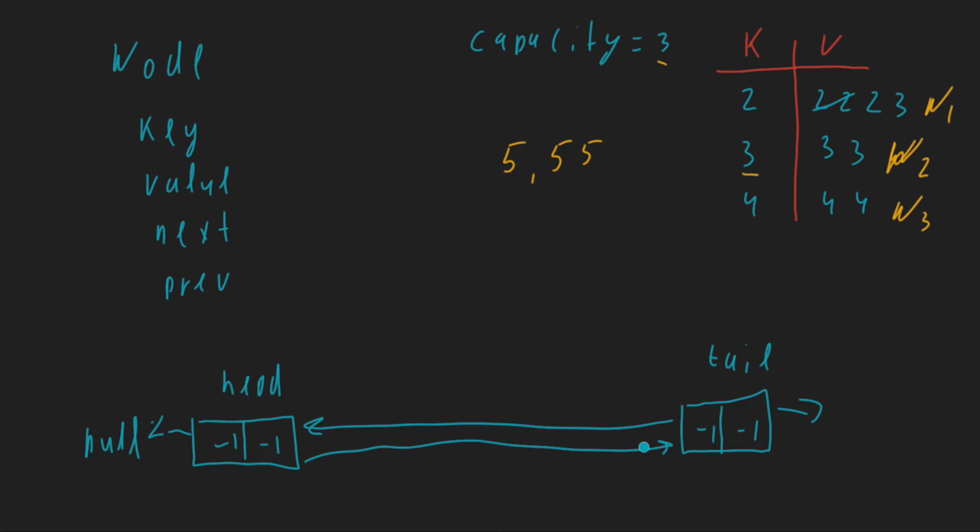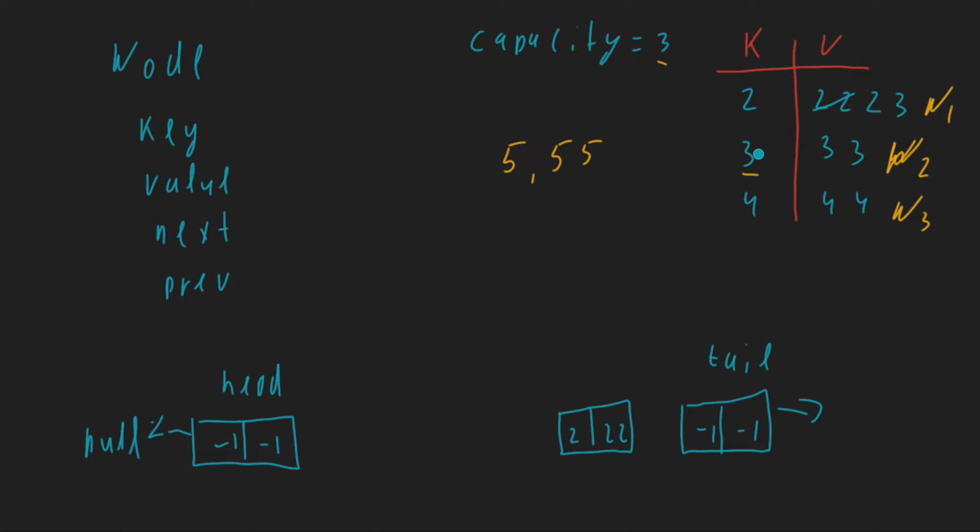Okay. Now, when we are adding our key and value to our hash map, we are also adding the node that is pointing to our doubly linked list. For example, let's say that first we are adding 2 and 22.